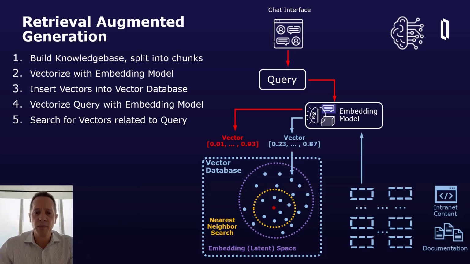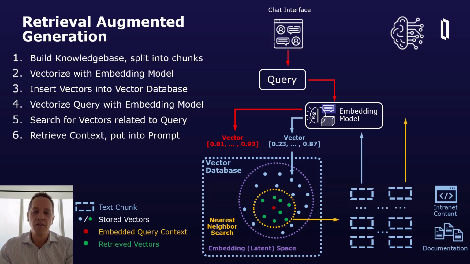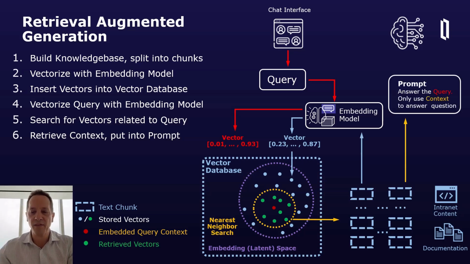So then what do you do? Well, these are just vectors. And so what you have to do is go back to your database of all of that content, and you get the associated content for each one of those related vectors. And you then put those into the prompt.